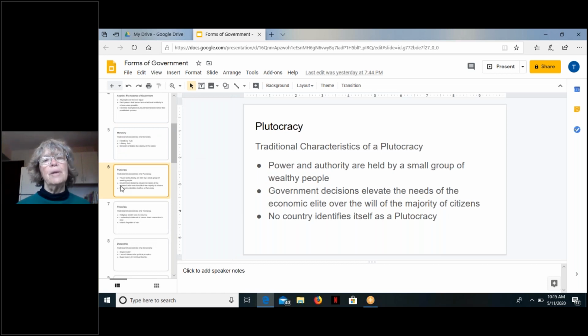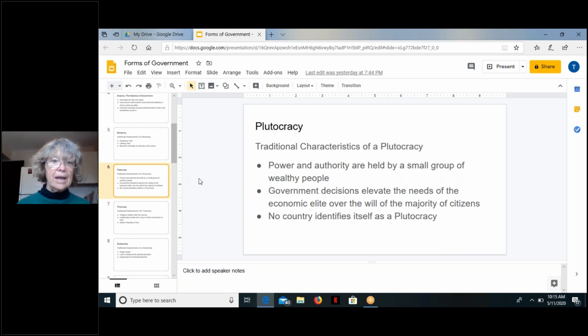Another form of government that we talk about is the plutocracy. And the traditional characteristic of a plutocracy is that power and authority are held by a small group of wealthy people. And the government decisions elevate the needs of this wealthy elite over the will of the majority of citizens.